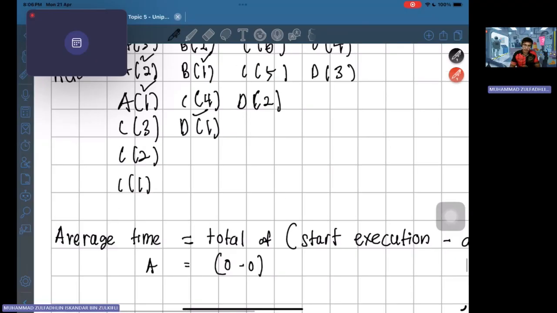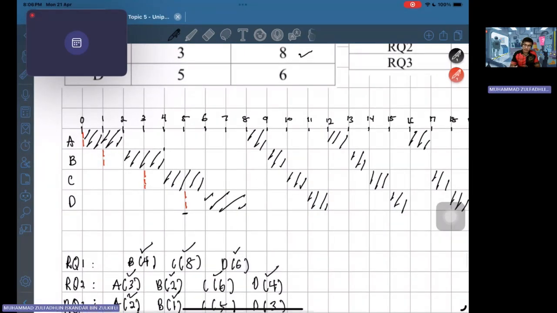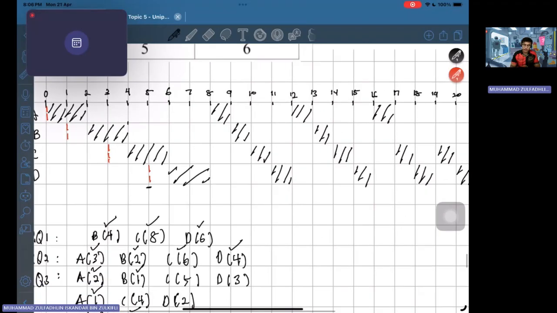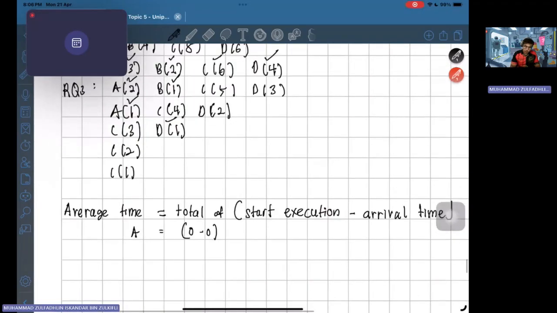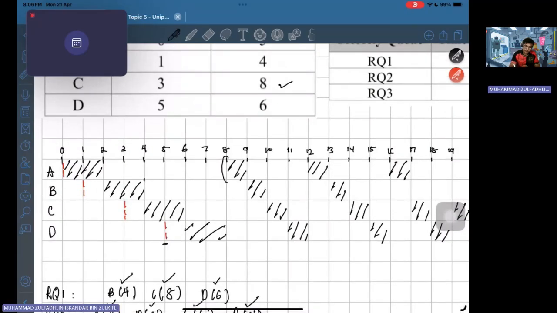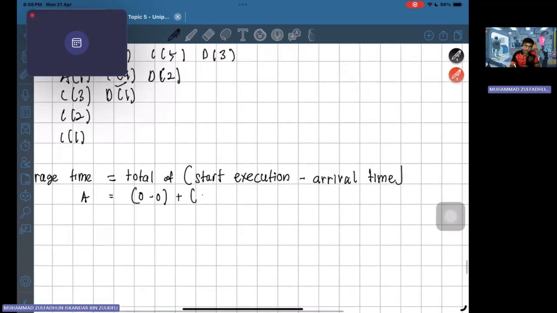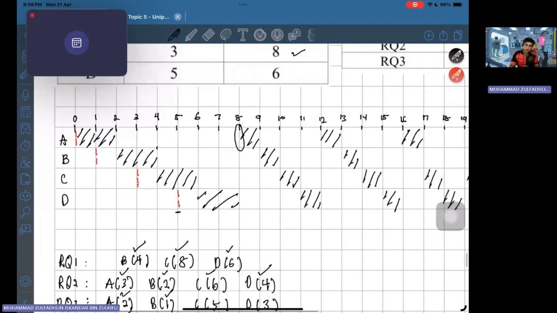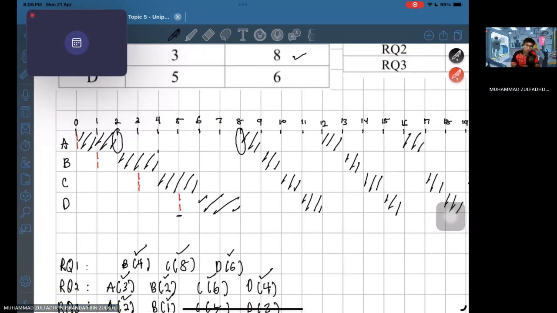And then this is not complete yet because we have the iteration of the execution of it. So we have to take the start of execution here, minus arrival, because when A completes its RQ1, it will move directly to the RQ2.